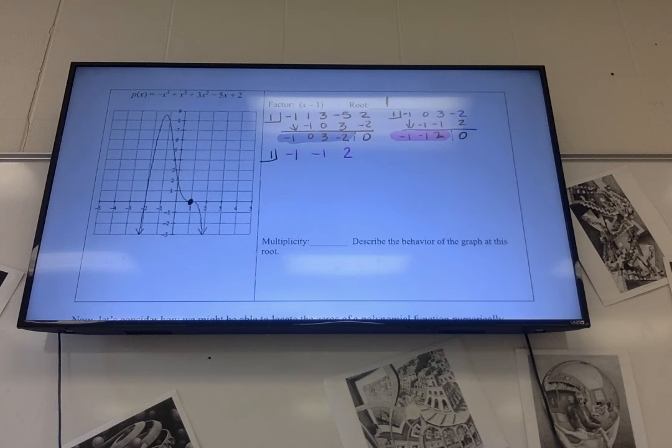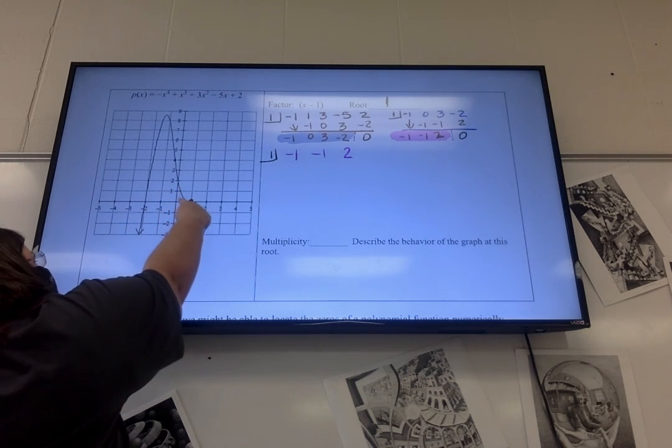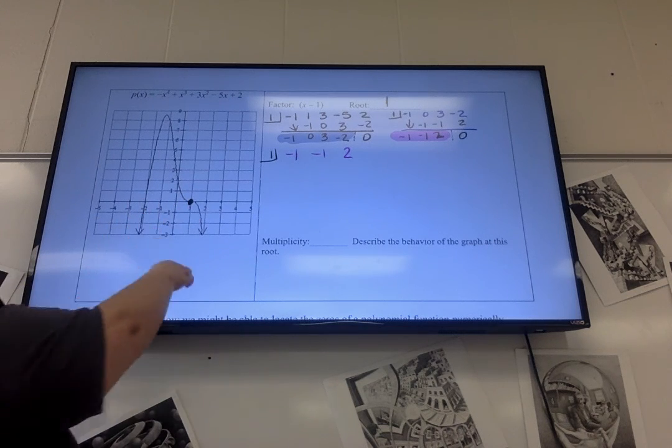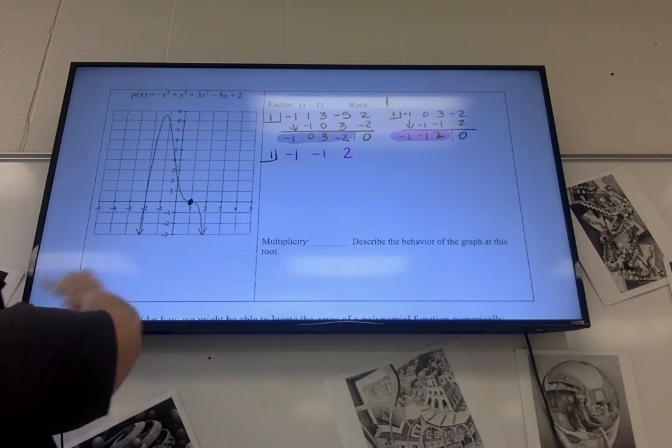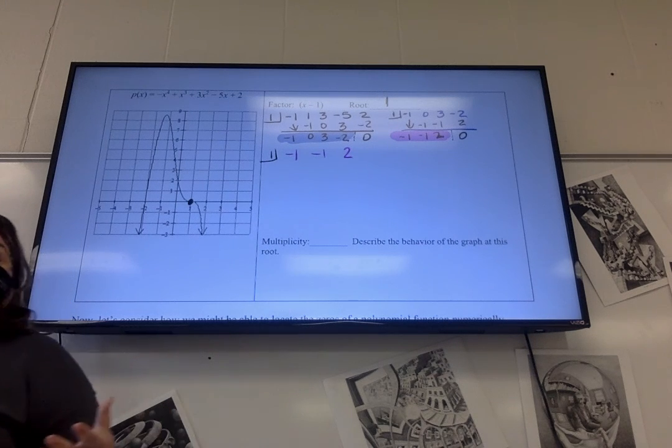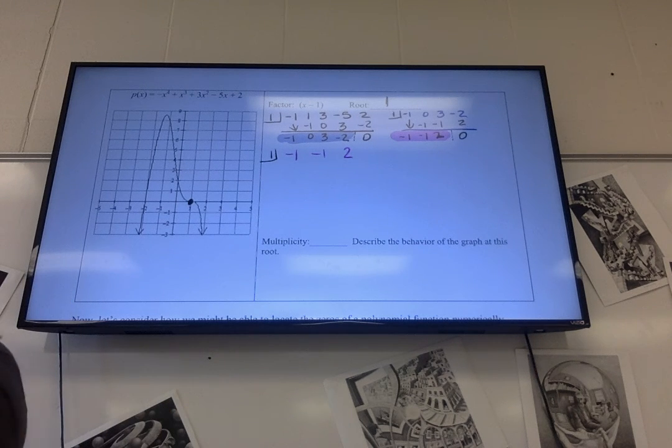So, if I recall, we had found the root, which was 1. I found it over here on my graph. Just by looking at the graph, when it flattens out like that, it's technically called changing concavity. If it changes concavity, what's the multiplicity supposed to be? 3.